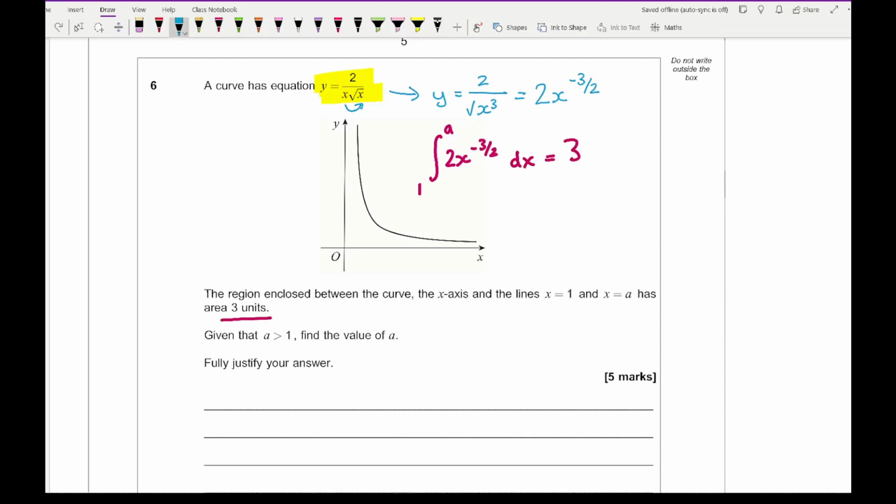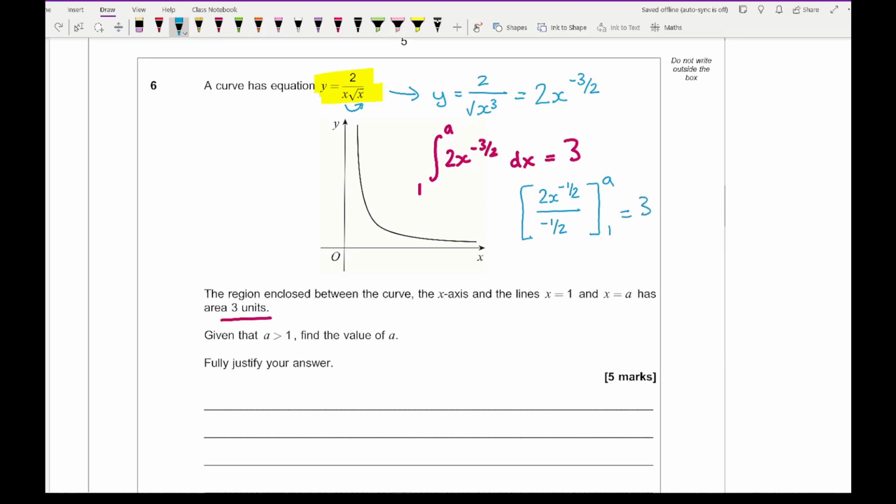So from this, what I can then do is integrate. Again, increase the power by 1 and divide by the new power, so that becomes 2x to the power of minus 3 over 2 plus 1, which is minus a half, divided by the new power, with limits a and 1, and that equals 3.